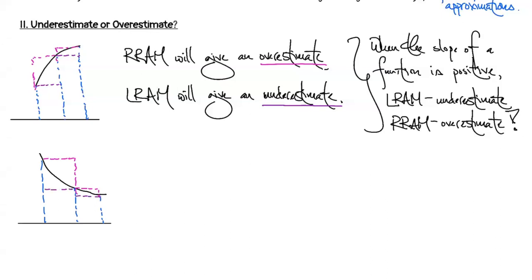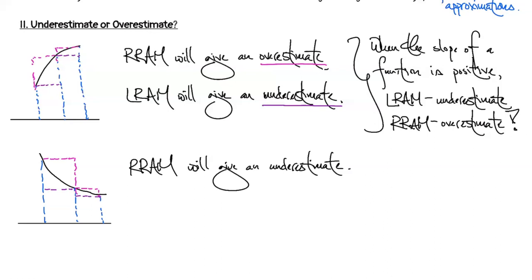All right. And so we could say now that RRAM will give an underestimate, whereas LRAM will give an overestimate.